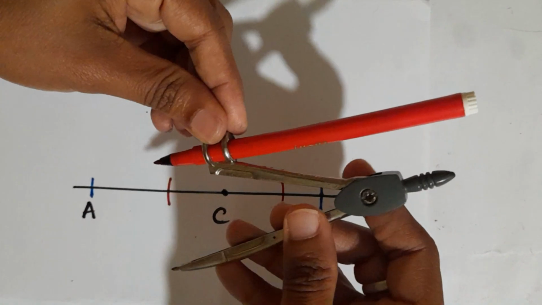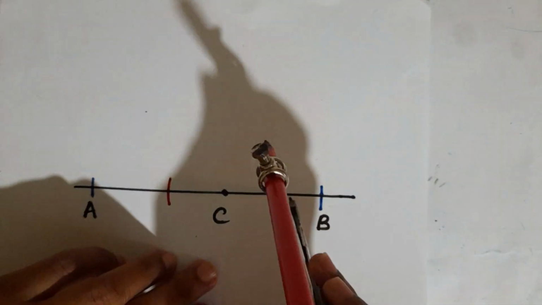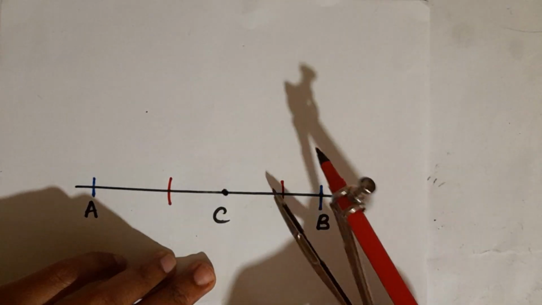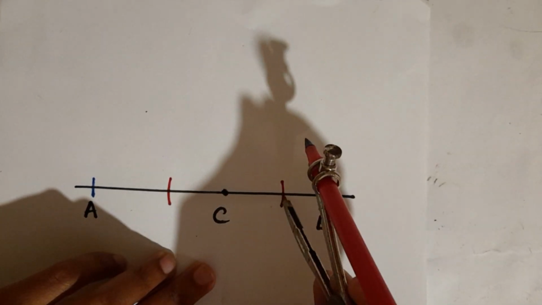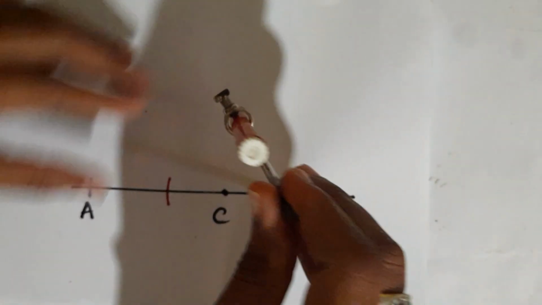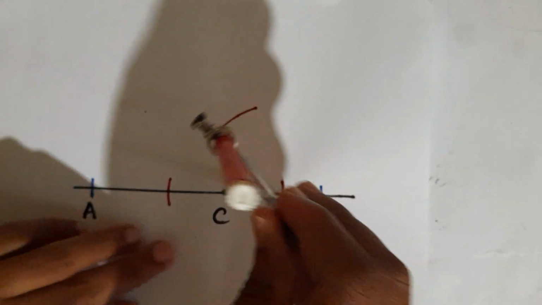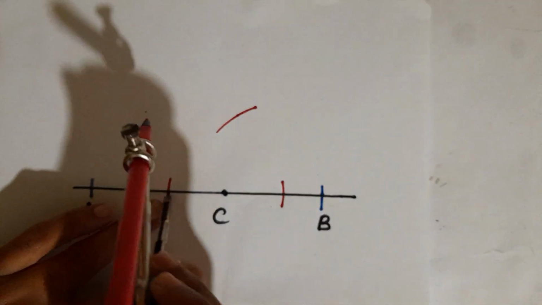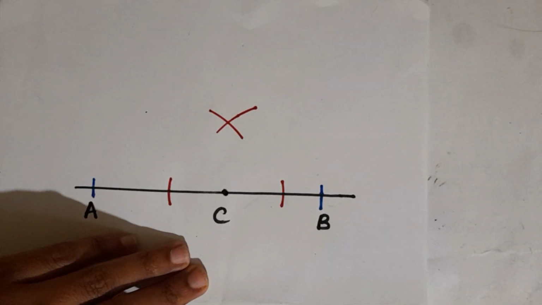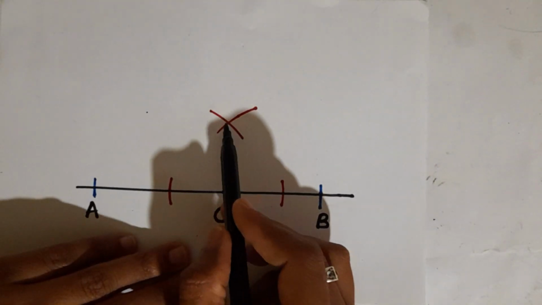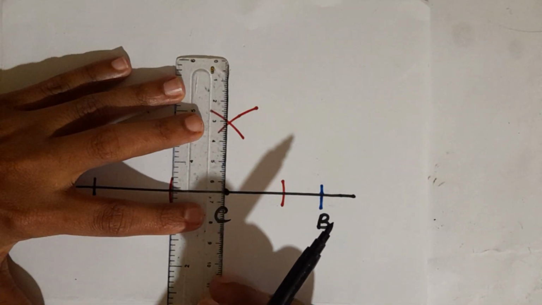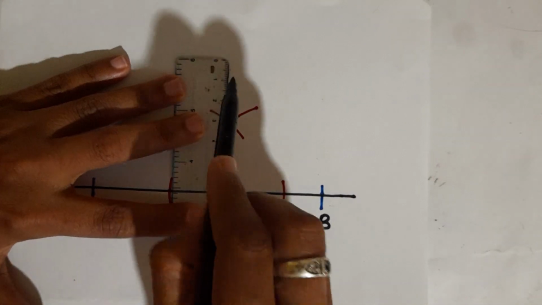Now taking more distance on the pair of compasses and keeping the point of the compass on these intersecting points, we have to draw two arcs on one side of the straight line segment like this. Then keeping on the other point also, we can draw another arc intersecting the first arc. Now this intersecting point and the point C can be joined by using the straight edge.